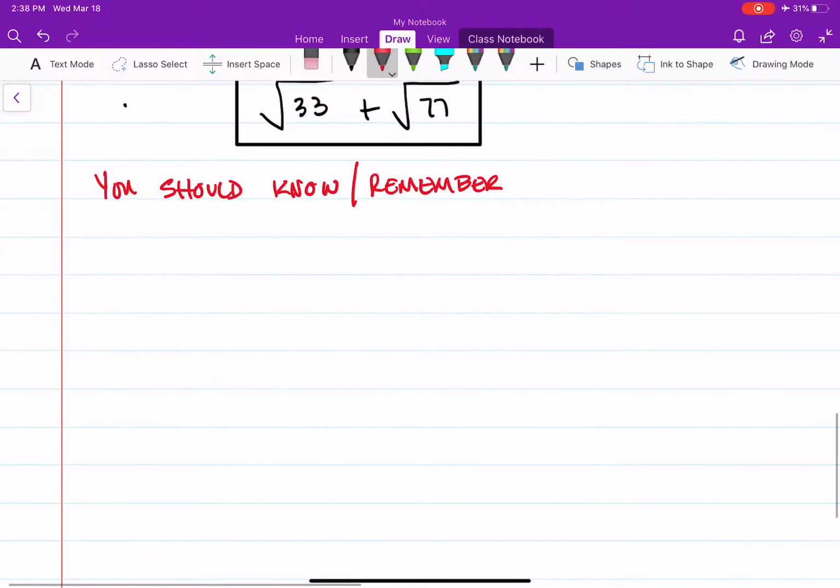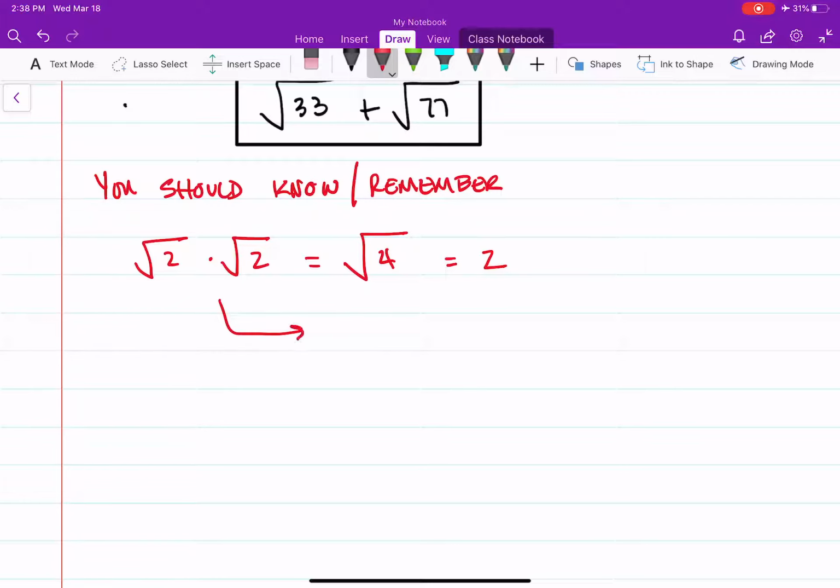Okay, so if I have square root of 2 times square root of 2, a lot of you guys are gonna be like, wow, that's square root of 4. Okay, I want to start to skip that step because square root of 4 is essentially what? Just 2. So square root of 2 times square root of 2, another way of thinking about this is that I can say this is square root of 2 squared. Well, what do I know about square root and squares?